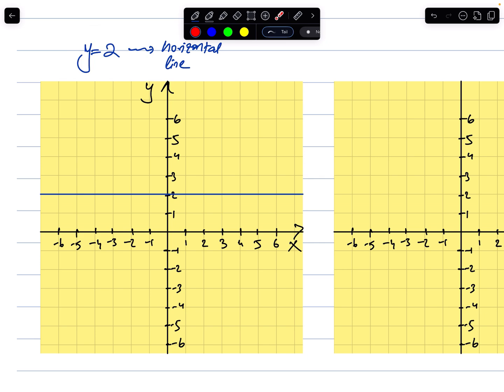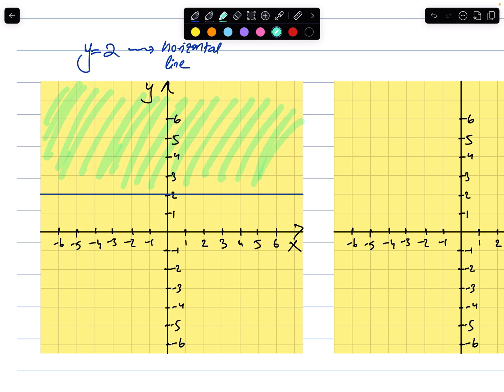Please understand that any point on this line, be it integer or non-integers even, all of those points are satisfying this equation y is equal to 2. If you notice, all of them have y coordinate 2, okay? Now, if I talk about anything above the line, this whole region that I shaded, this region would then be y is greater than 2.